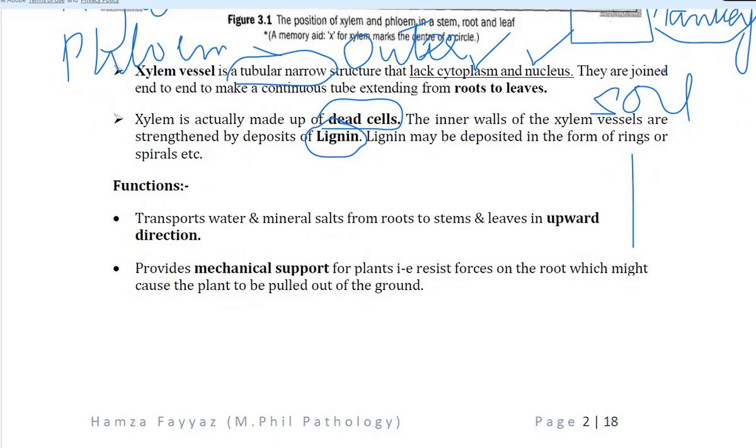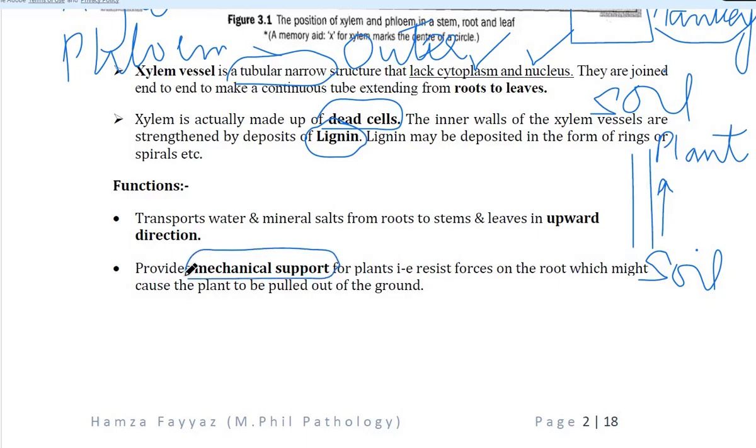Xylem transports the water in the upward direction, means from soil to the upper part of the plant. Moreover, the xylem vessel also provides mechanical support to the plant, so that there is a strong stem and the strong plant is anchored in the soil.